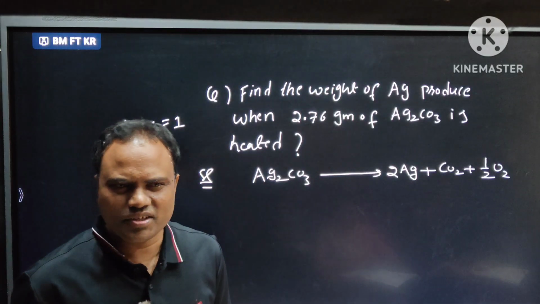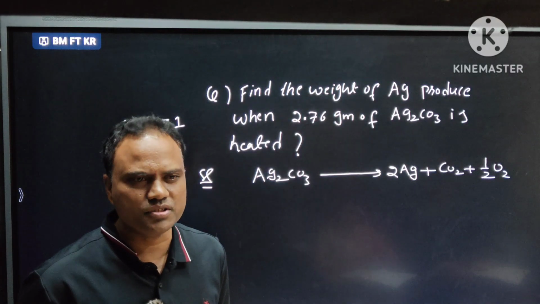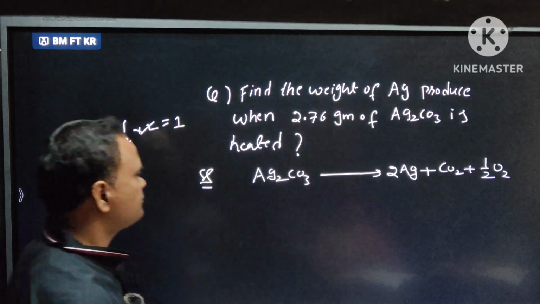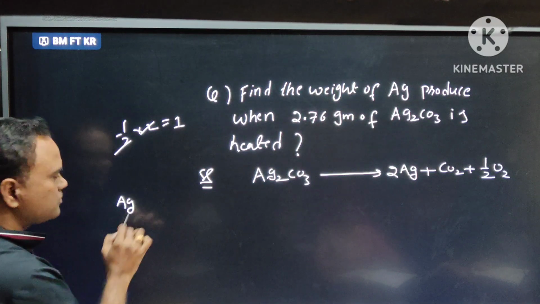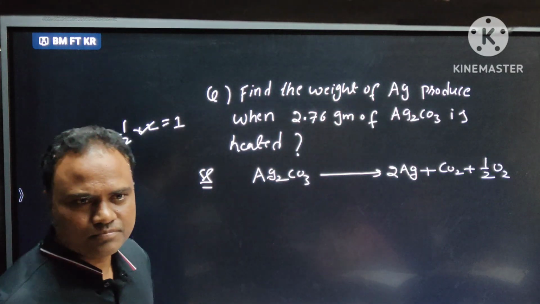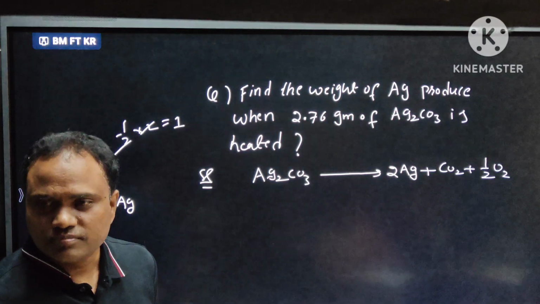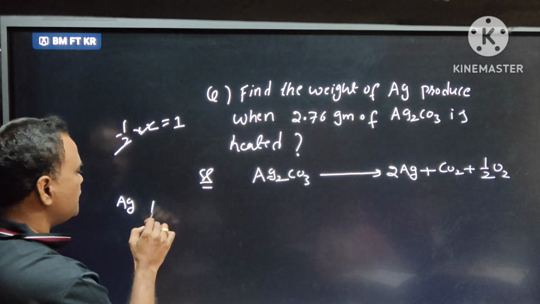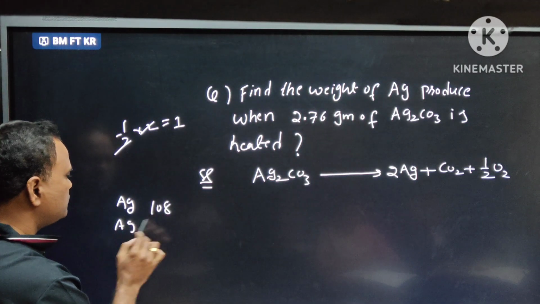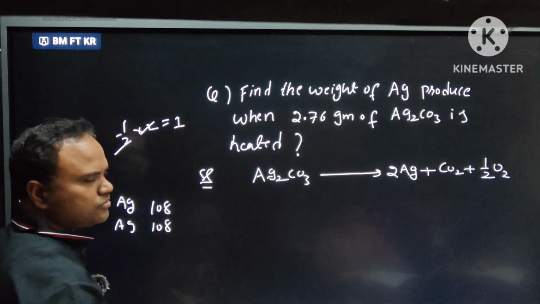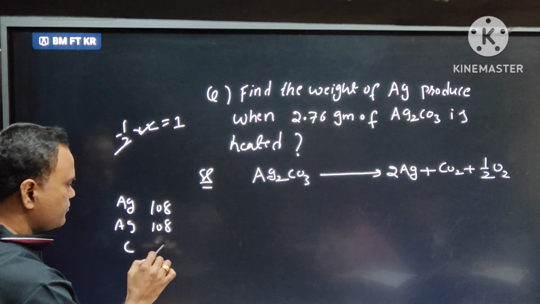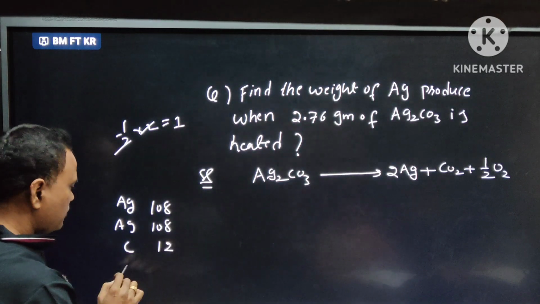Ag2CO3 weight is not given. That's why I said to learn the basics. What is silver's atomic weight? I mentioned it in the basics. Silver 108. How many silvers do we have? 2 silvers. Carbon weight is 12.